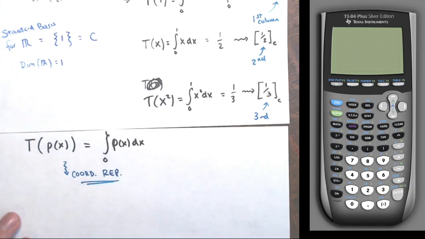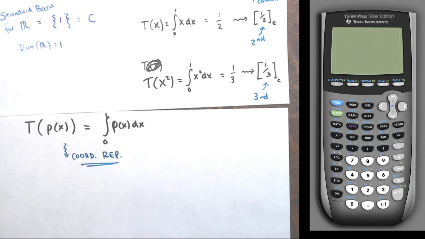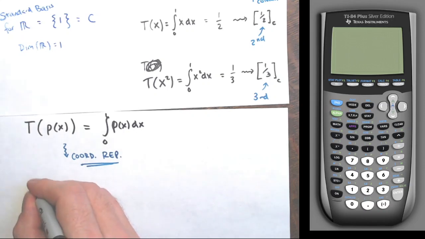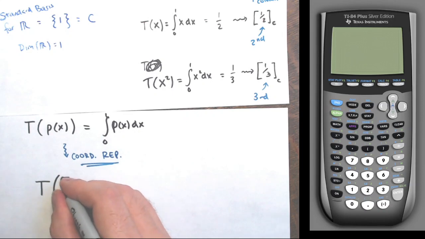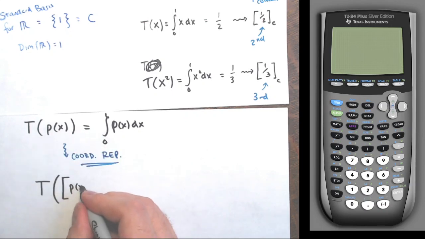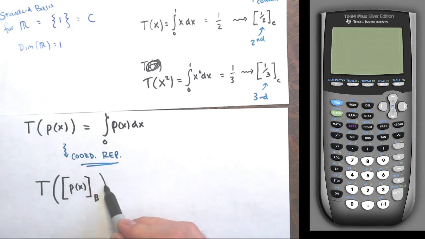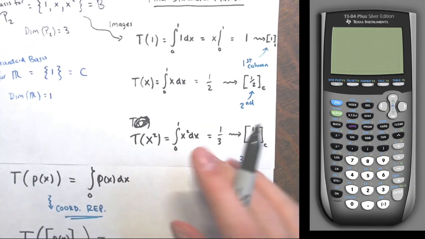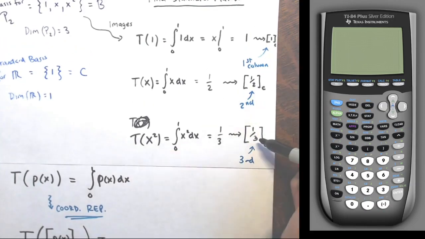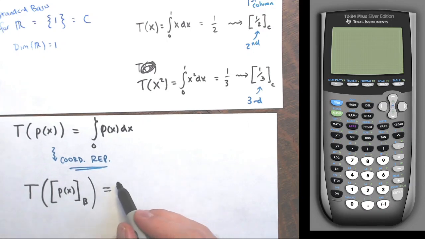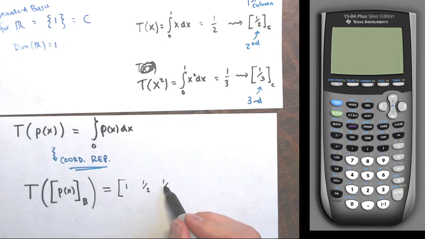Remember the coordinate vector representation of T. This is where I take T, I plug in the coordinates of the polynomial with respect to basis B, with respect to that basis with 1, x and x squared in it. And it should be equal to the standard matrix. Now the standard matrix is going to be a 1 by 3 with these 3 columns: 1, 1/2, 1/3. There's your standard matrix, a 1 by 3 matrix.